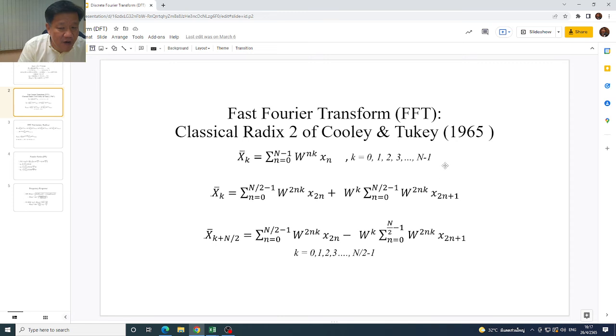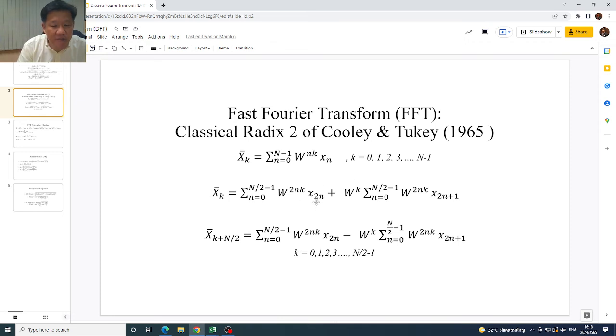For example, as N is equal to 8, you separate these two, reducing it by half, and for each of these you separate another two, and you get another two summations. Each of them consists of 2 terms, and with those 2 terms you reach the original x here.